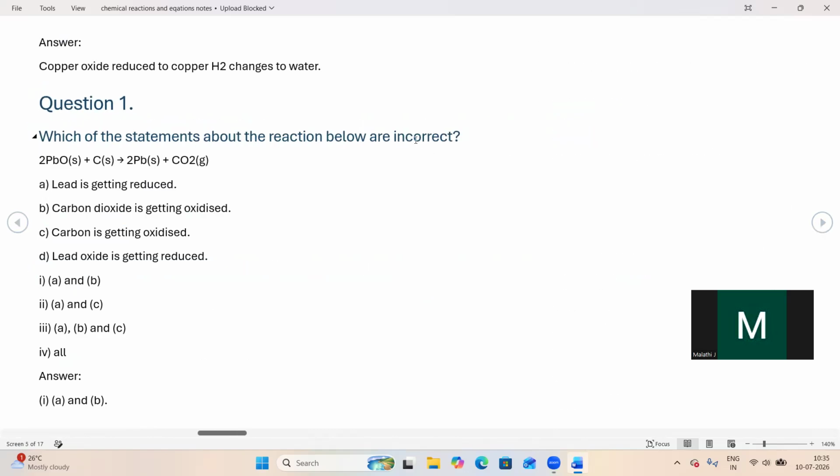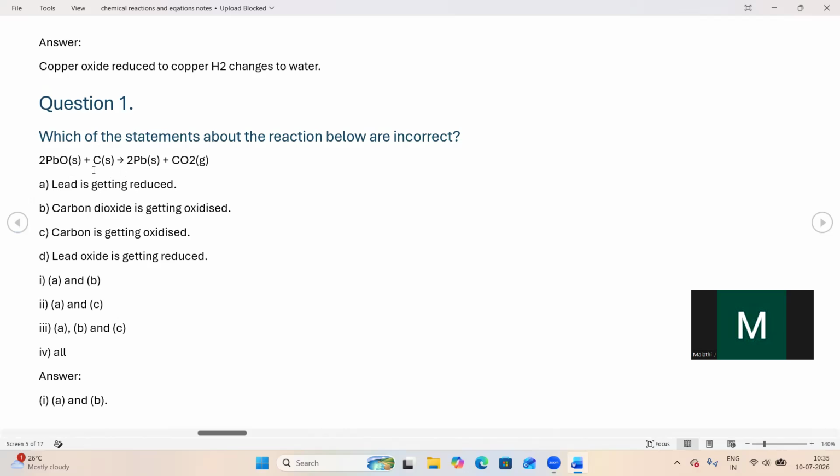Then which of the statements about the reaction are incorrect? If you see below, you should write only the incorrect ones, not the correct ones. You should check whether each is correct or incorrect. Lead oxide reacts with carbon, it will give lead plus CO2. Here, lead oxide loses oxygen, no?